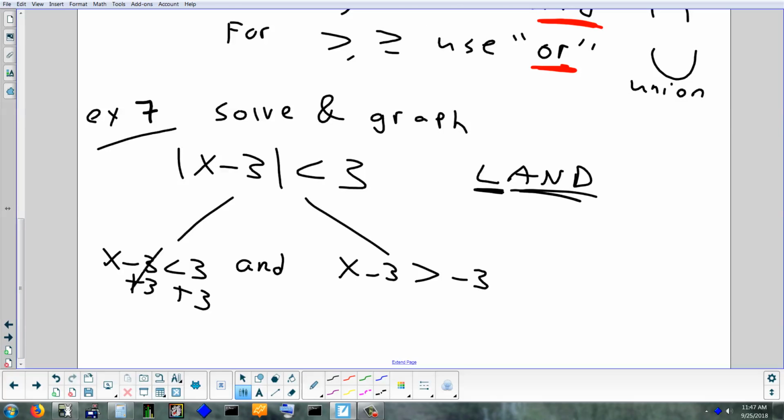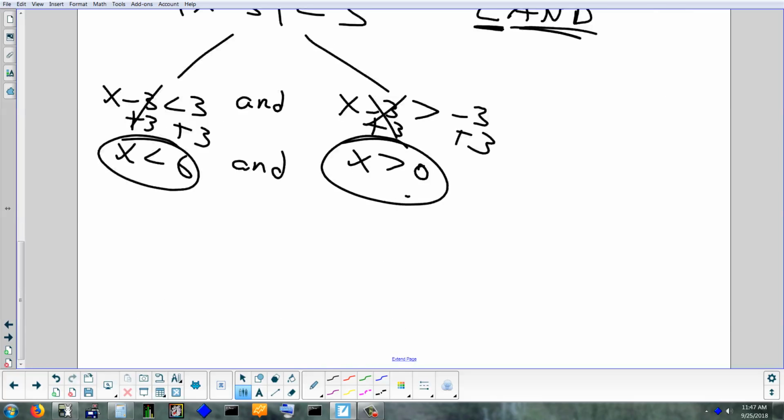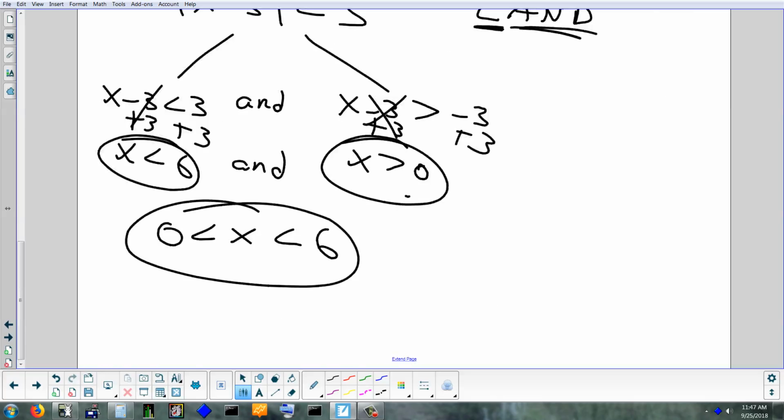Plus 3, plus 3. So x is less than 6. And plus 3, plus 3. X is greater than 0. Other way you could see this written, 0 less than x less than 6, writing it as a combined inequality.